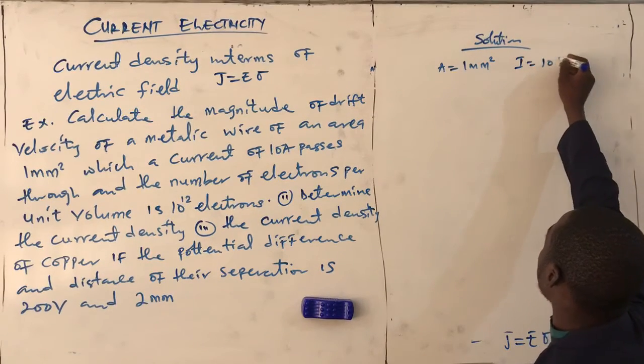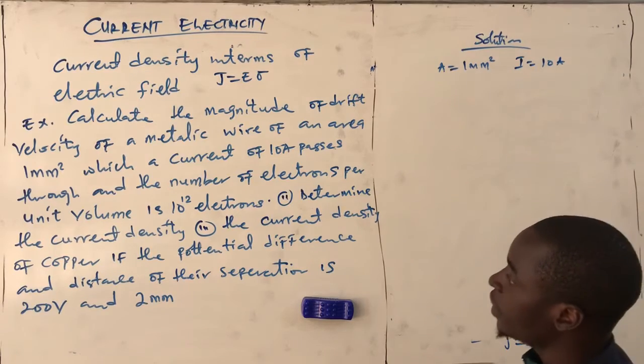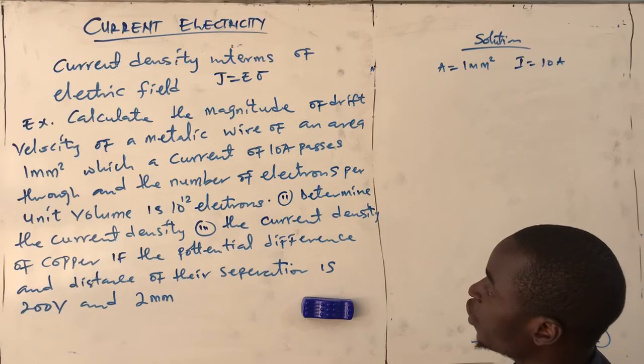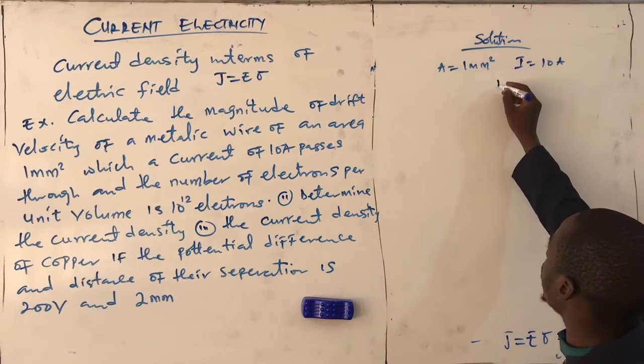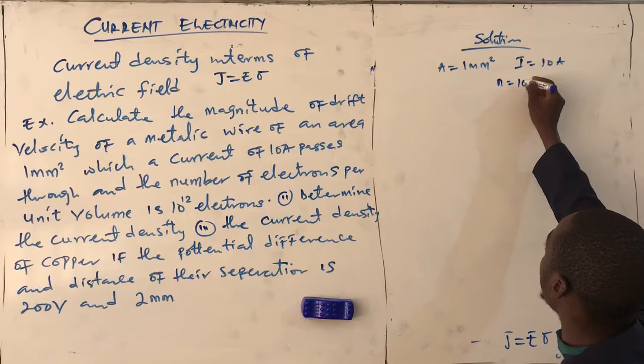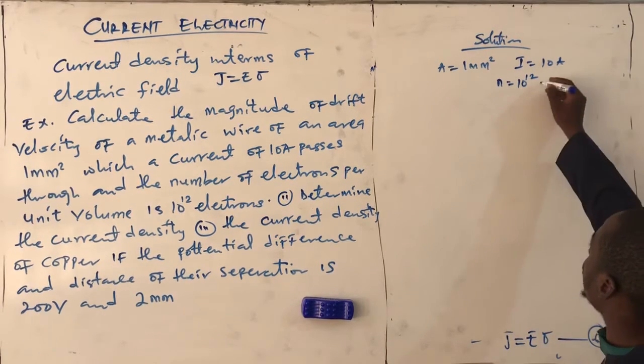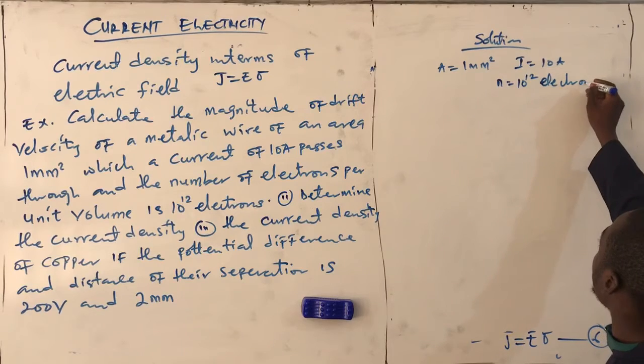The current is equal to 10 ampere, and the number of electrons per unit volume, N, is 10 raised to power 12.